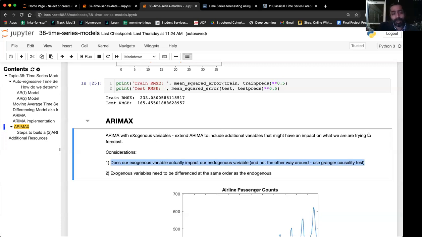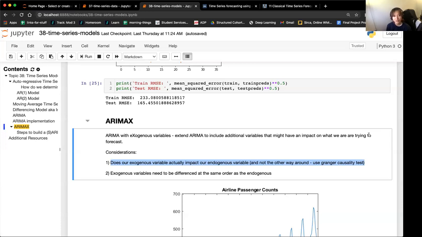So how many extra variables can we add here? Basically, you should still get rid of multicollinearity, because it's still a linear model. So you still have to check for multicollinearity within your other features.